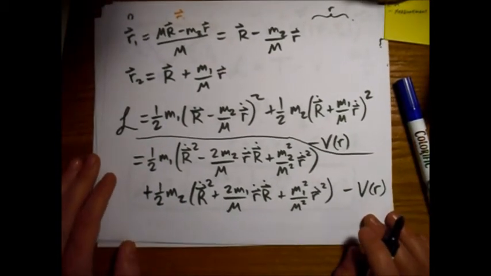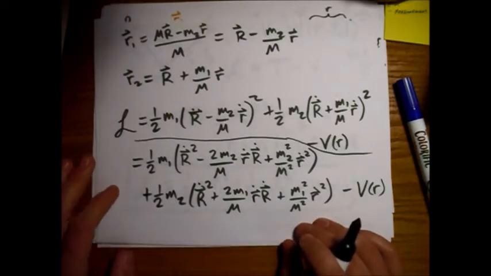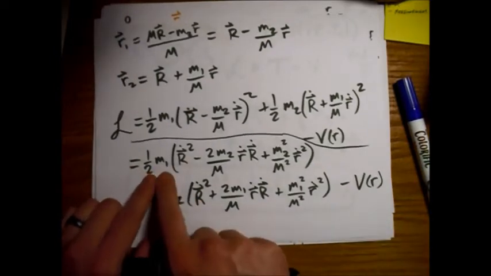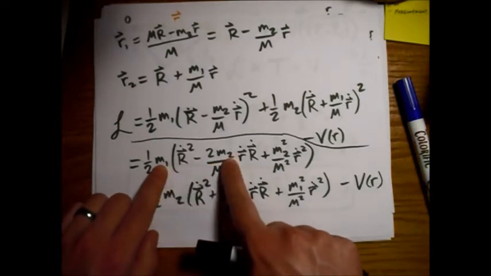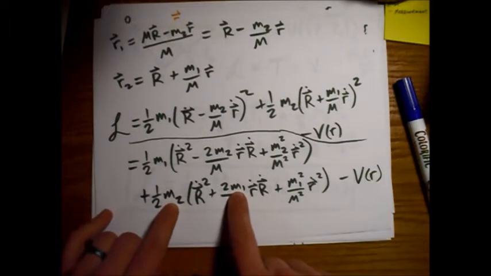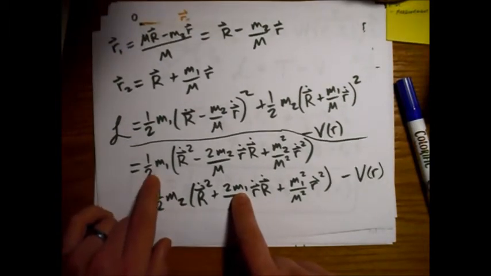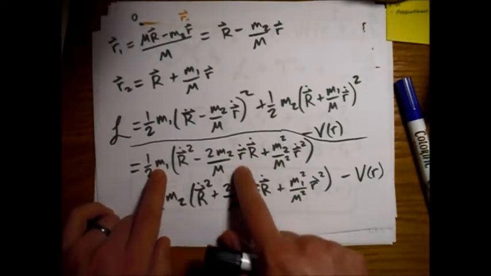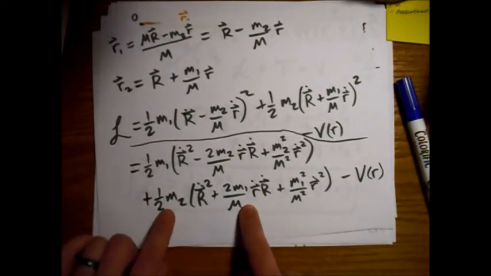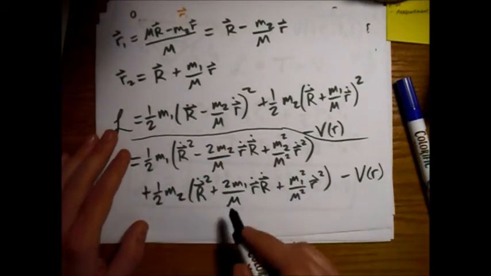So we look around for ways we can maybe simplify this. One thing I see is here we have an m1 and an m2 in this middle term, and here we have an m2 and an m1. So it looks like these two middle terms are going to cancel out. They have different sign. Yeah, I think they're gone.